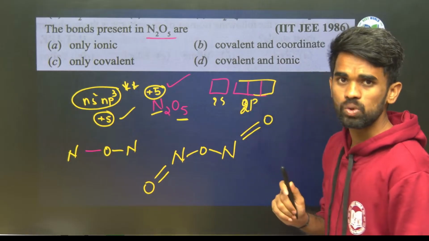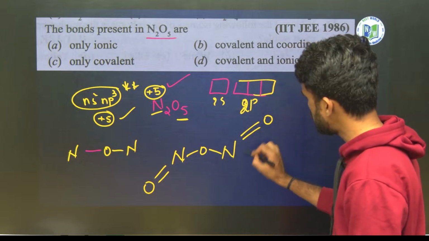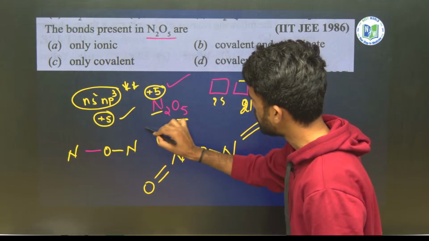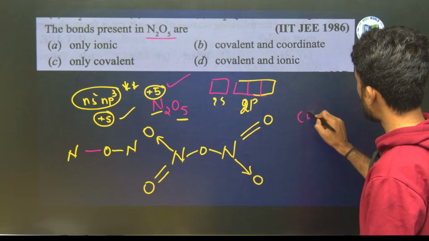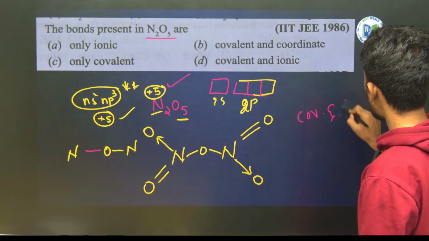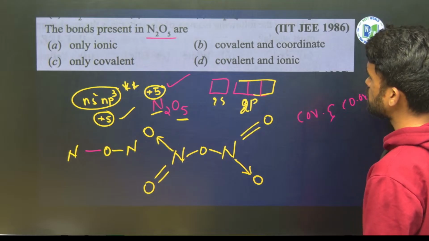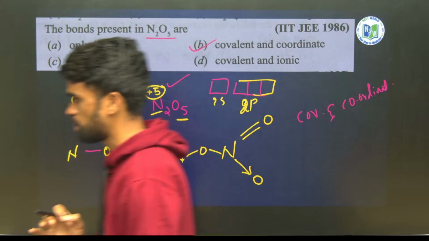It means one bond as 4. Already 3 are over, the 4th one will be a dative bond here. This side also one more dative bond like this. This is the structure. So you have covalent bonds as well as coordinate covalent bonds. So what is our option here? Option B will be the suitable answer for this question. Okay, right.